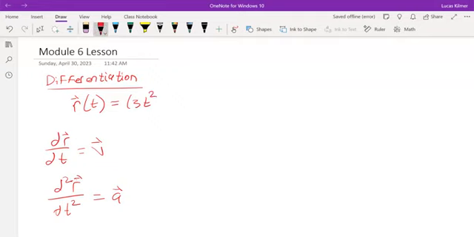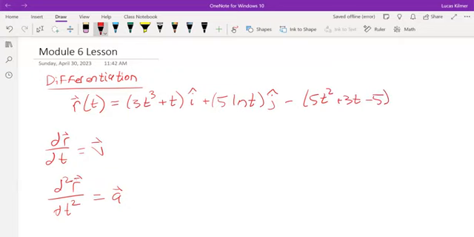So we have 3t cubed plus t in the i hat, which is like your x, plus 5 natural log of t in the j hat, which is like your y, and then 5t squared plus 3t minus 5 in the k hat, once again kind of like your z.